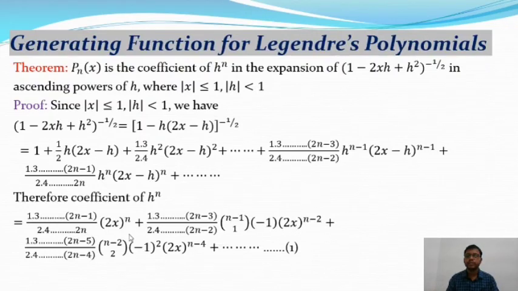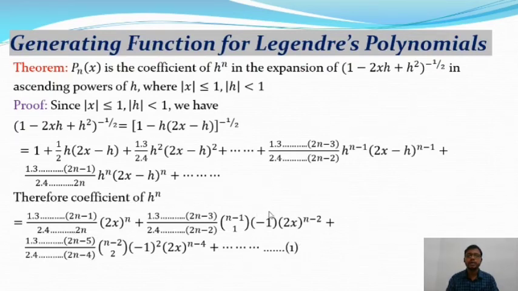If we expand this term, that means 2x minus h whole to the power n minus 1, as well as this term, that is 2x minus h whole to the power n, we will get this one. This is actually the coefficient of h to the power n, plus 1 into 3 and up to 2n minus 5 by 2 into 4 up to 2n minus 4 into n minus 2 c2 into minus 1 whole to the power 2 into 2x whole to the power n minus 4 and up to infinity, and we can write it equation number 1.